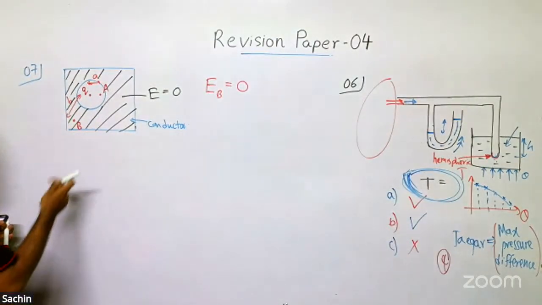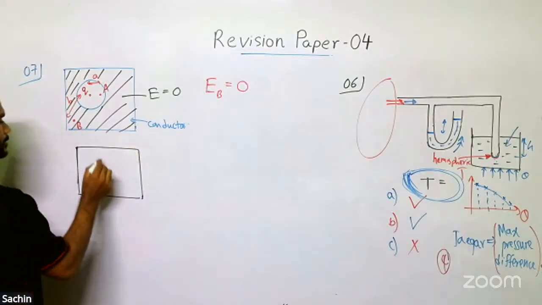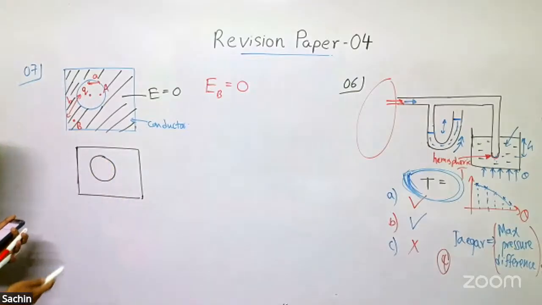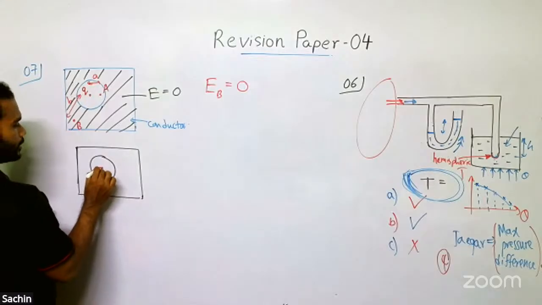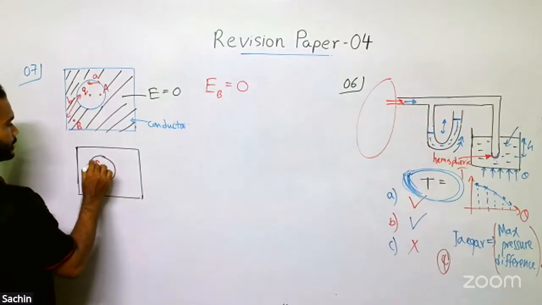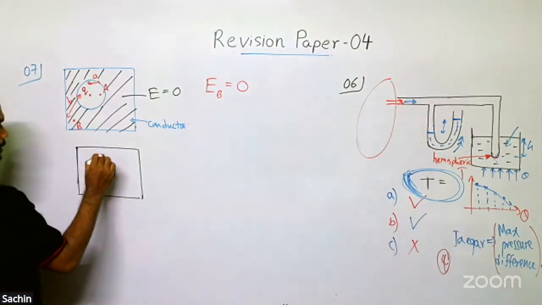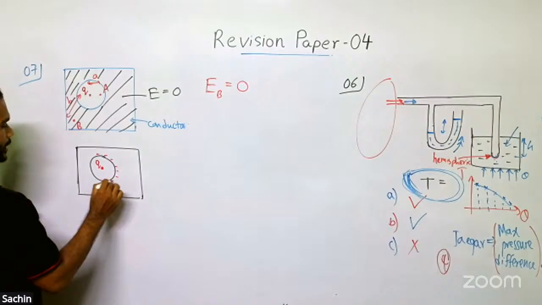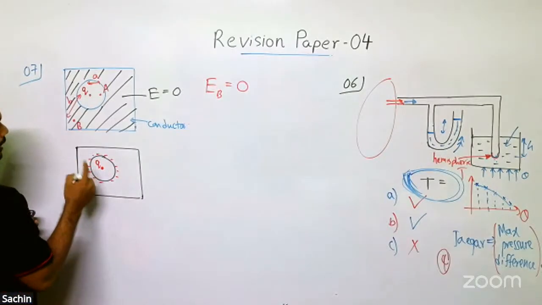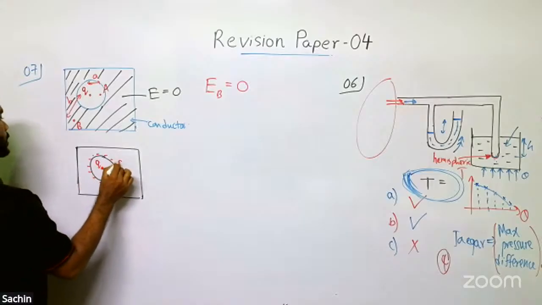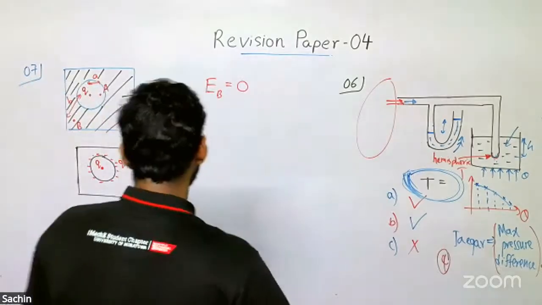So how does it happen? How does this conductor material obtain 0 field intensity even if there is a charge in the middle? That is done by inducing an opposite charge in the interior surface of this conductor metal, equal in magnitude to the charge kept inside.